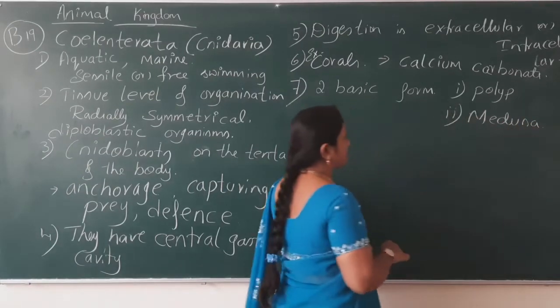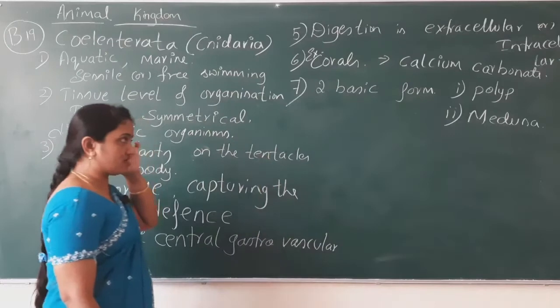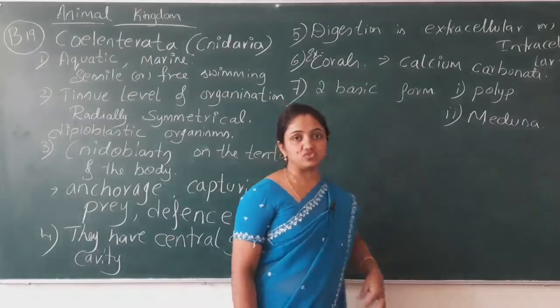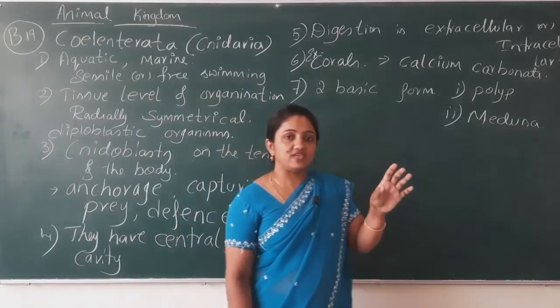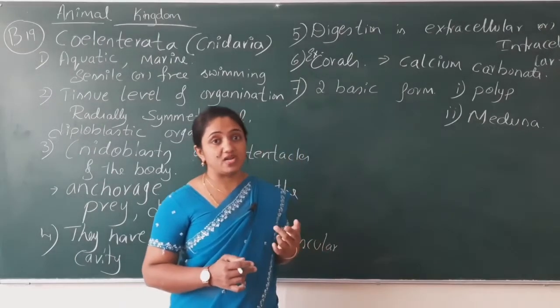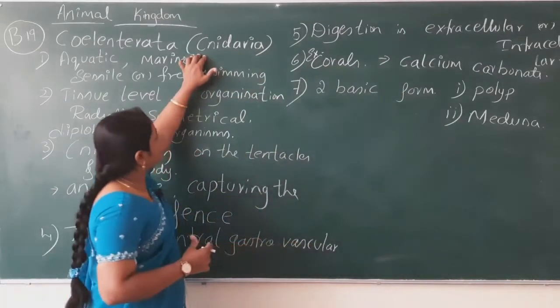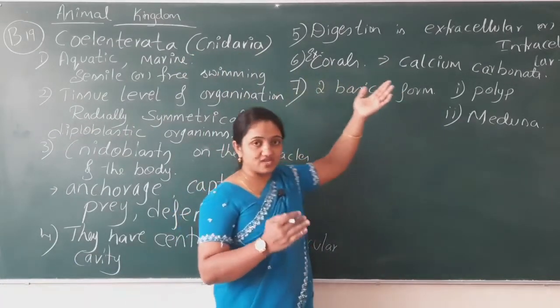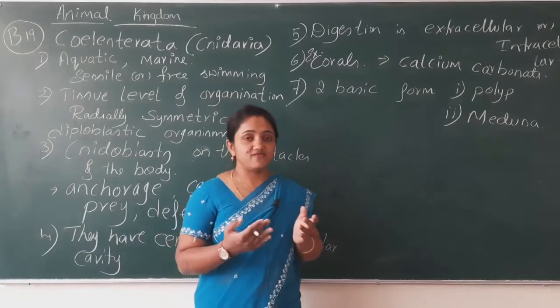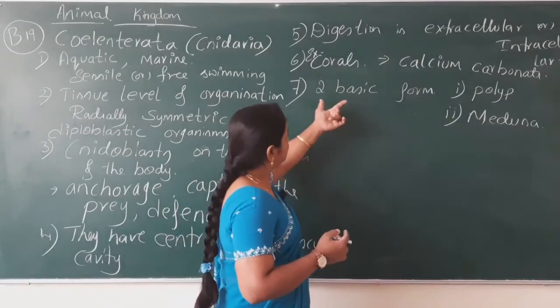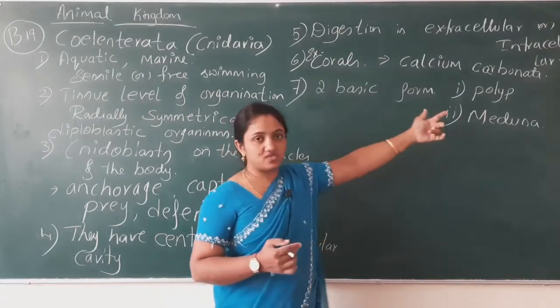Now, what is polyp and what is medusa? I'll tell the meaning of these two, literally what they used to call, and how we can understand what polyp and medusa are. Though it comes under this phylum, some of the cnidarians, some of the coelenterata animals, exist in 2 forms.